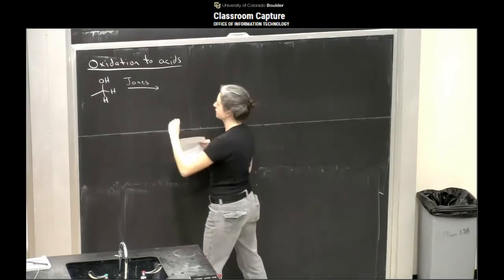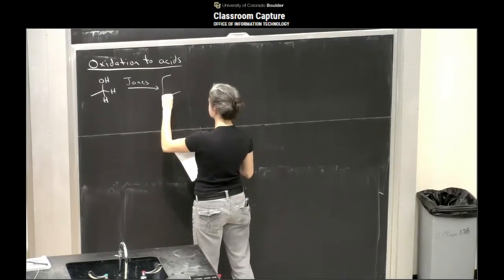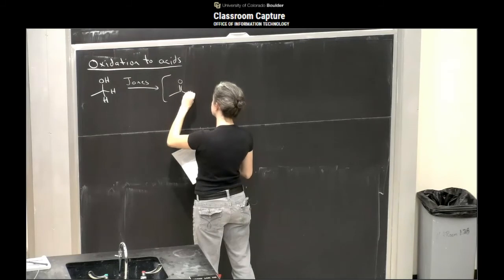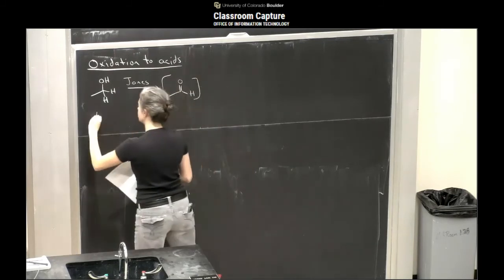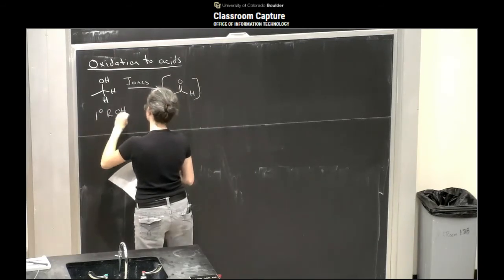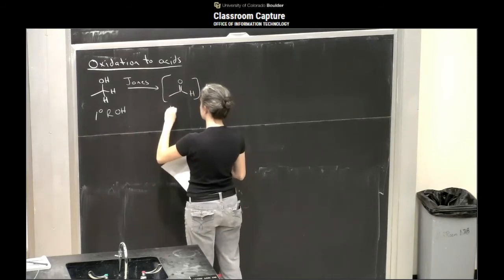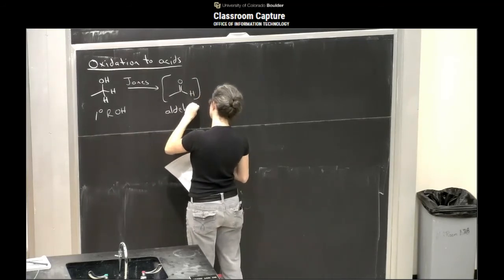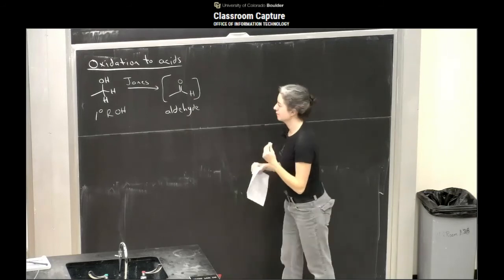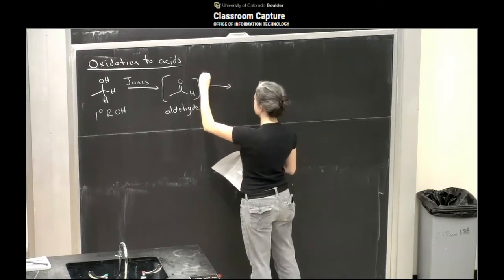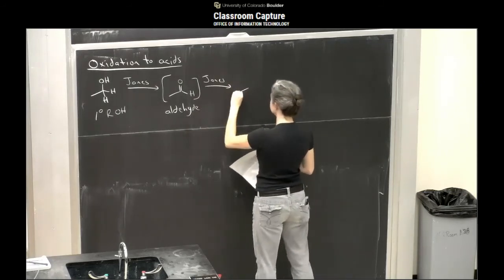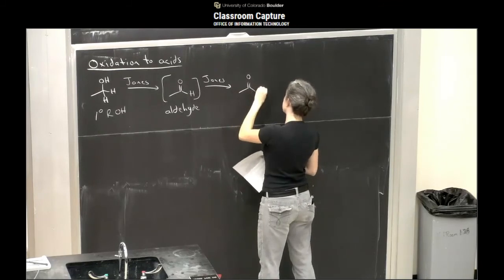At first what it does, I'm going to put square brackets around this because it doesn't stay here very long. So primary alcohol first, and then aldehyde is what it passes through very briefly on its way to the carboxylic acid.